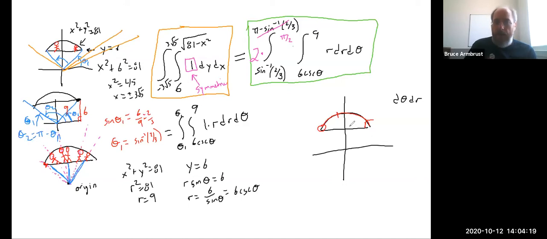As we move in closer, he becomes less tall. He's still very bendy though, because he's basically following the concentric circles.